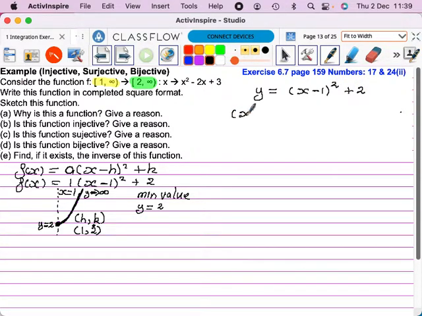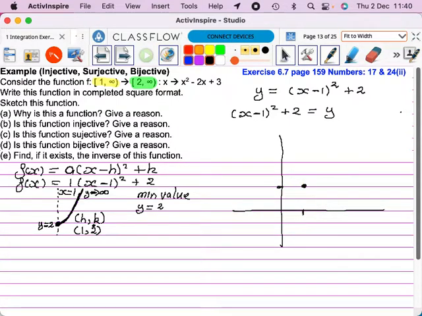I'm going to write it the other way round. You'll see why in a minute. Now, before I start working through this, I'm going to explain what it means to have an inverse function. At the moment we've got this graph. It's at 1 along and 2 up.